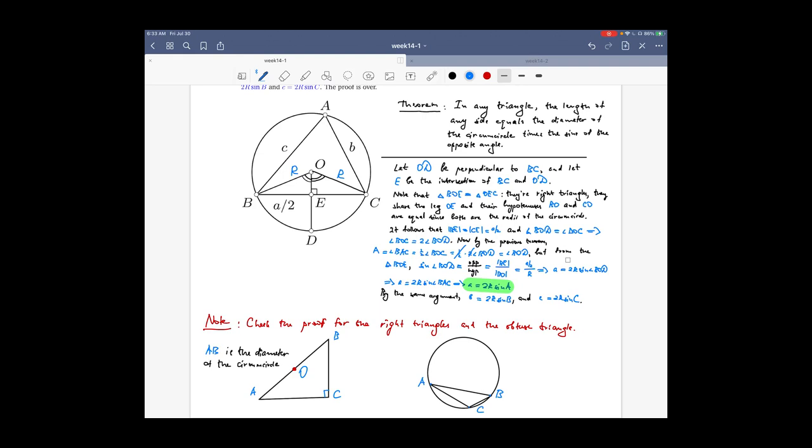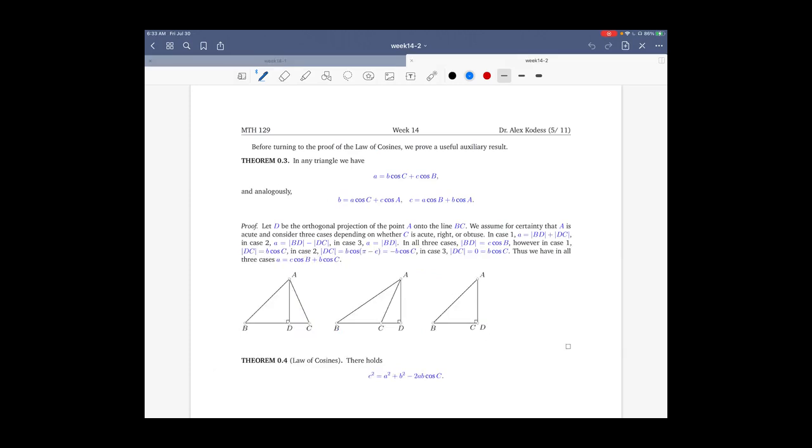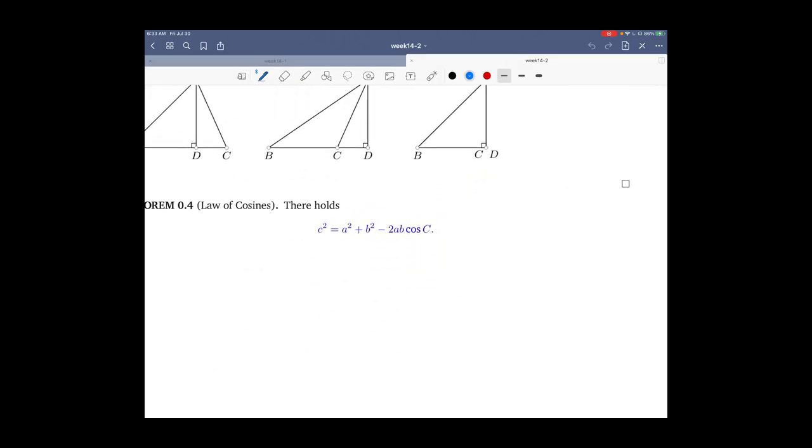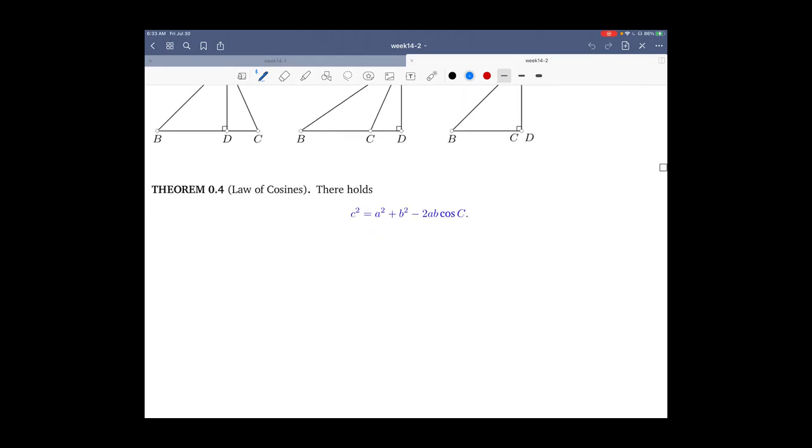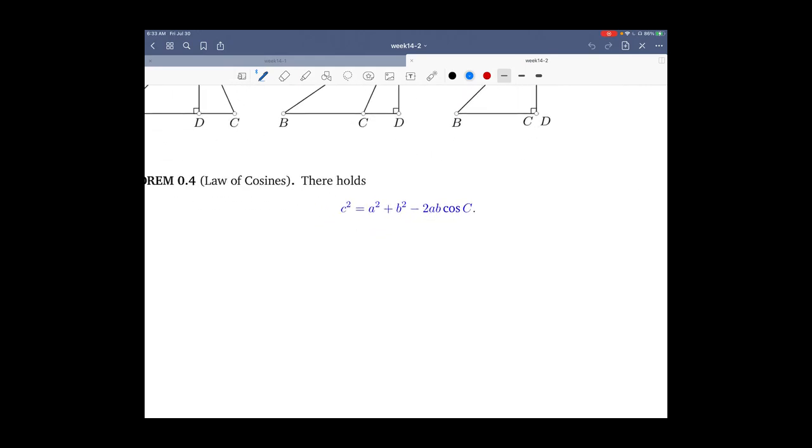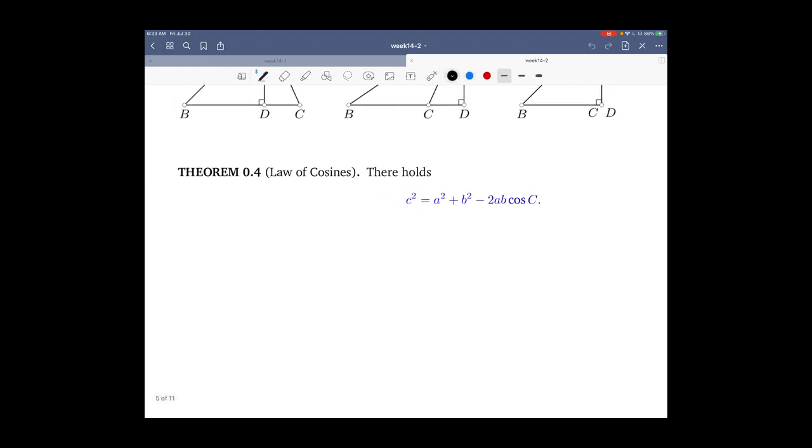The next, our second big result about metric relations in a triangle, is the so-called law of cosines, which states that the square of one side in a triangle equals the sum of the squares of the other sides minus twice their product times the cosine of the angle between them.